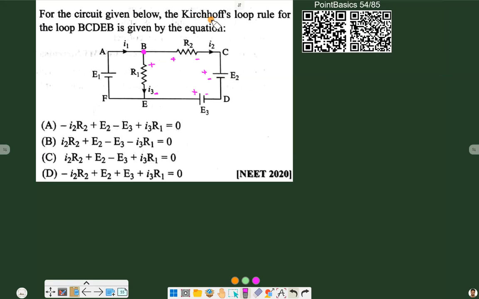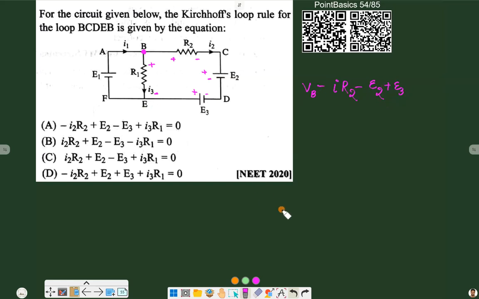So now let's apply Kirchhoff's rule. Starting from point B, VB, there will be positive, negative, so negative IR2. Then we have positive, negative, minus E2. Then we have negative, positive means positive, E3.